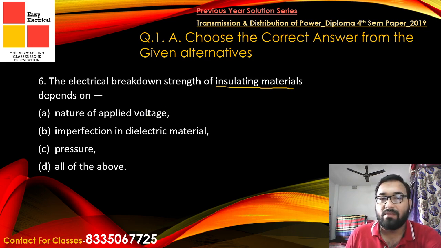First is nature of the applied voltage, that is true. Imperfection in the dielectric material, very true, because if there is an imperfection in the dielectric material, the breakdown will occur at a faster rate. Then there is pressure. So if these two options are correct, and this is also correct, we can call option D the correct answer.